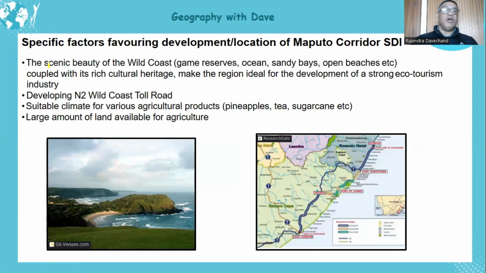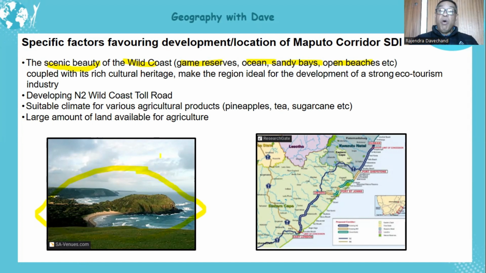The factors that favor it, obviously, the one that stands out first is the scenic beauty of the Wild Coast. There are game reserves, the ocean, the sandy bays, the open beaches. You understand? Beautiful area. You can just look at this one down here. All right? Beautiful. As recreational facilities.